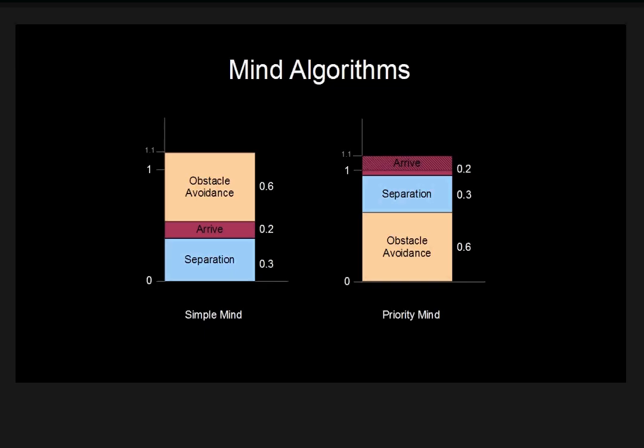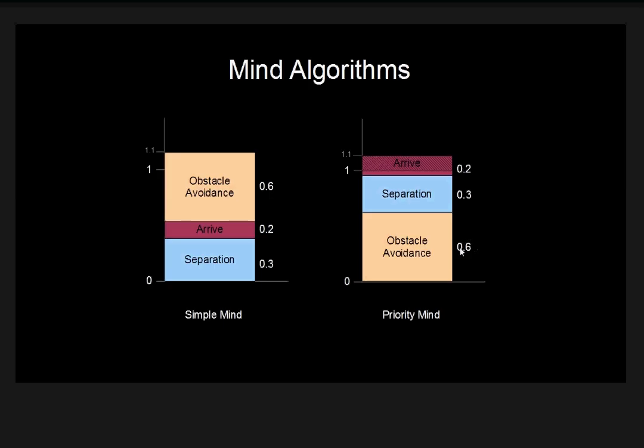The priority mind sorts all behaviors by their priority. In our case, the most important behavior is our obstacle avoidance with 0.6, and it stacks up these behaviors, and it cuts off the behaviors which exceed the max priority of 1.